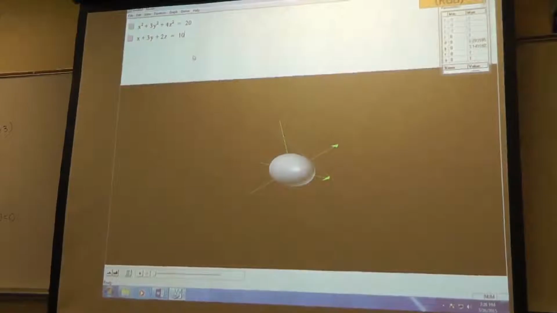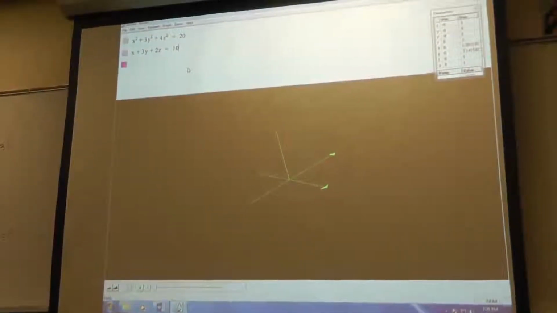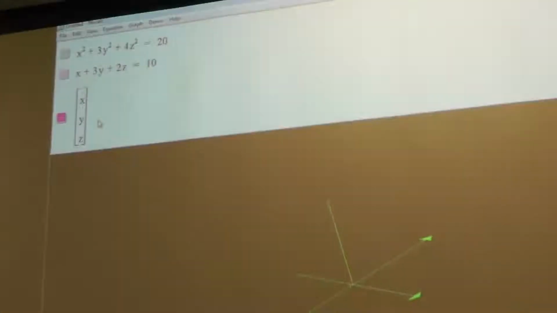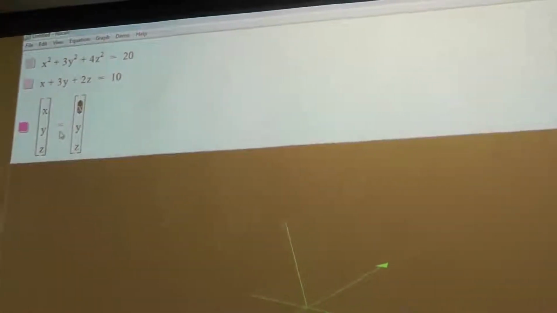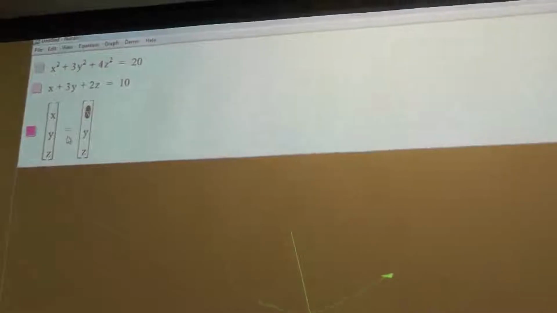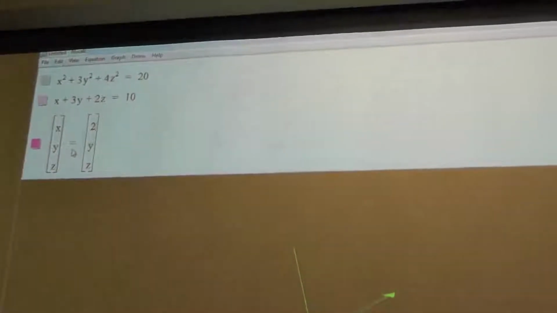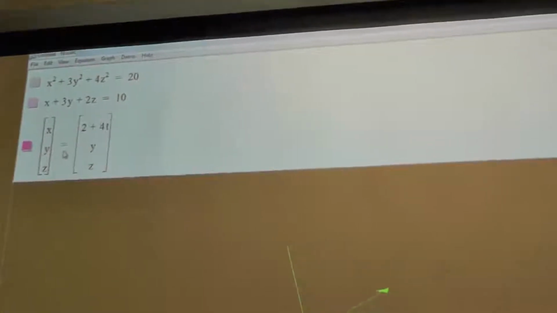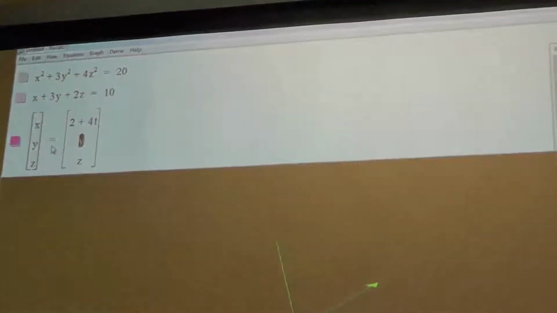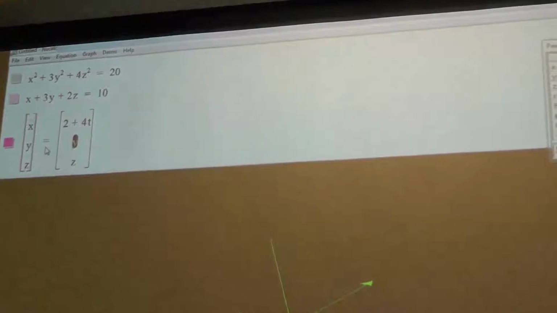To graph a parametric curve, I think I showed all this on Tuesday, I've got to do a 3 vector for 3 different equations. So my x equation, the x coordinate of tangency is 2. The i component of the gradient is 4, so 2 plus 4t would be the x equation for the parametric line I'm looking for.